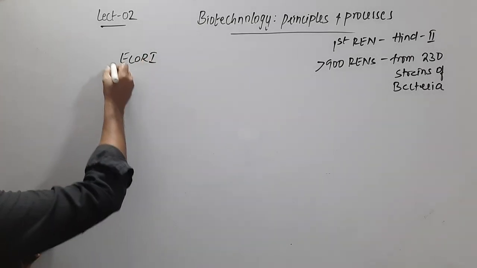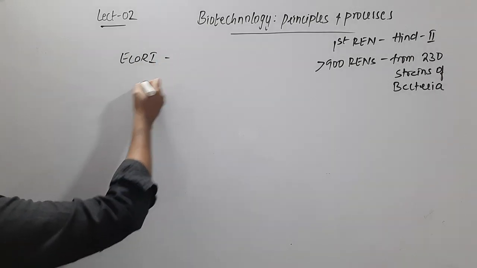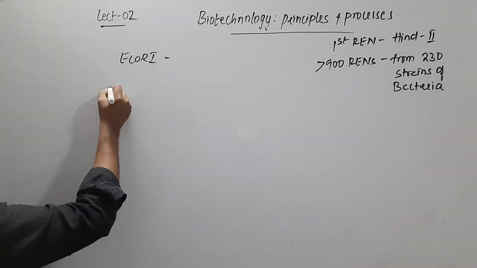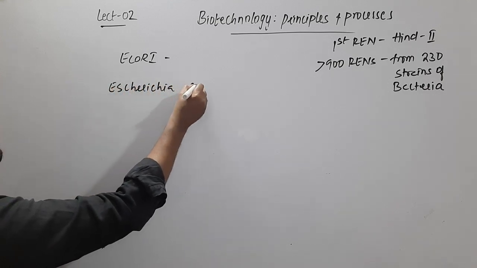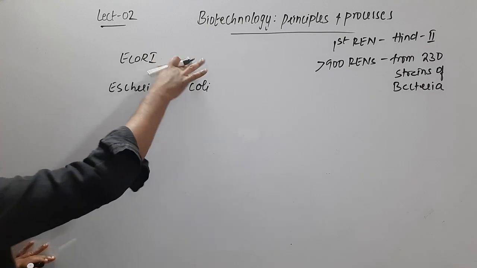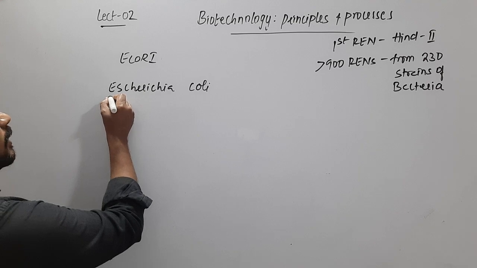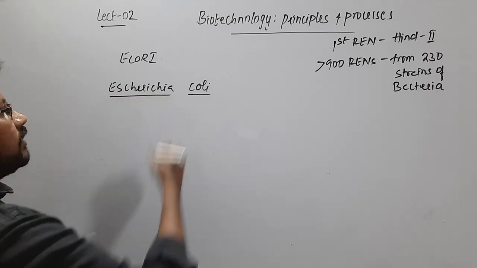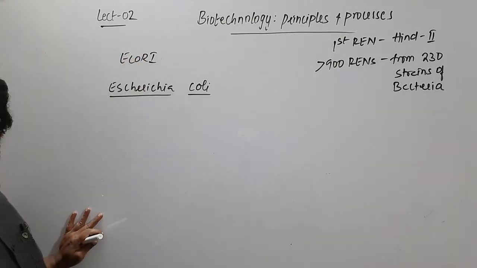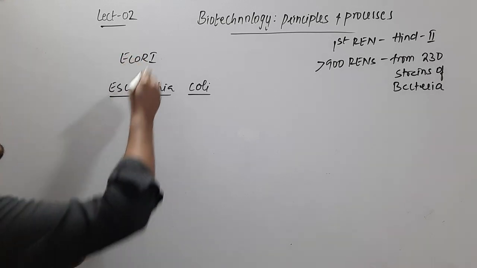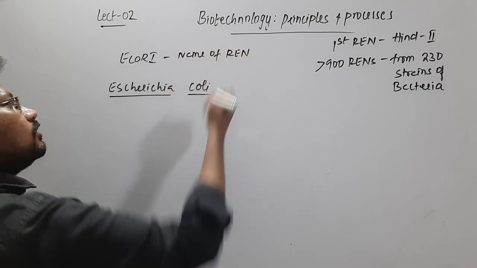This is the name of a restriction endonuclease, and it is obtained from a bacterium called Escherichia coli. This is the scientific name of the bacterium from which we obtain this restriction endonuclease.